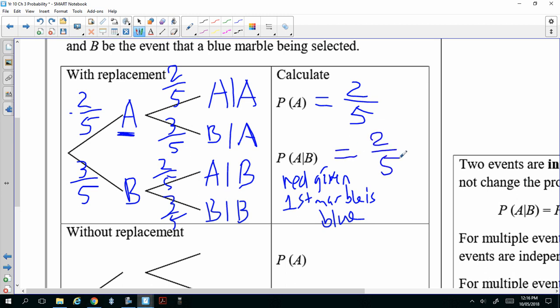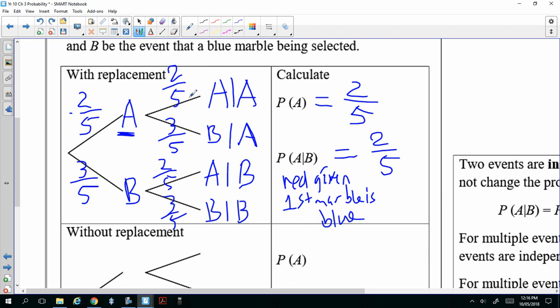The first one is the first marble is red, which is 2 out of 5. The second one means the probability of getting a red marble given the first marble was blue. As you can see, these two are the same when there is replacement.